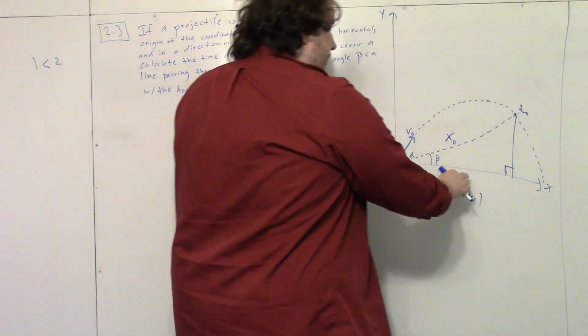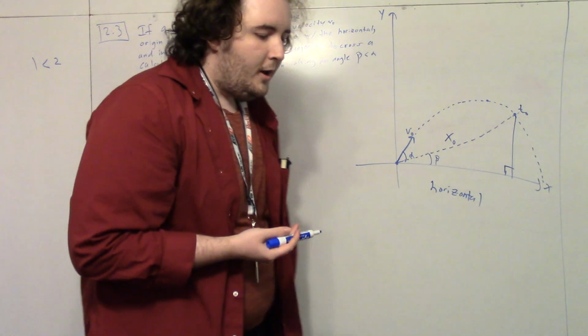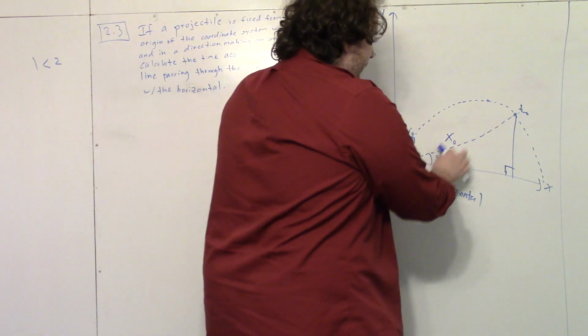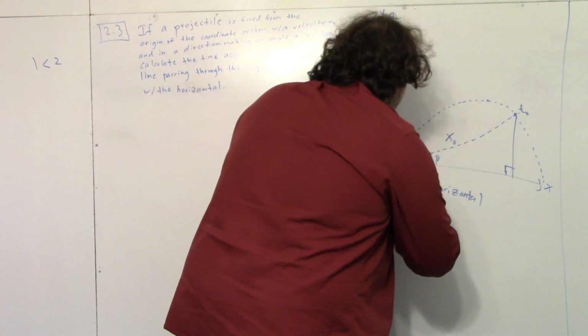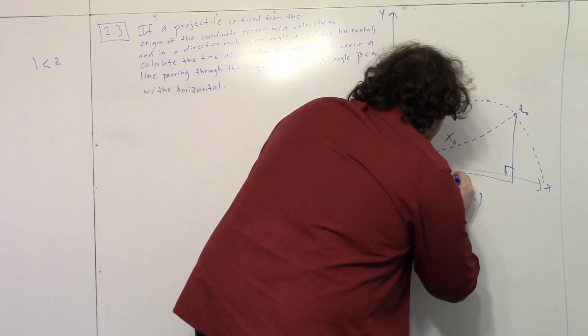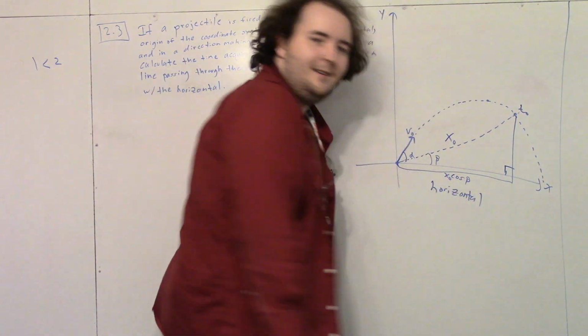Now, we look at the horizontal. If you remember triangles, you know that we can find the cosine of this angle according to its hypotenuse. So this distance, from here to this point, we call cosine beta times x naught.